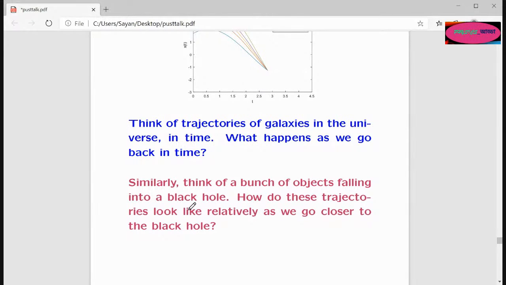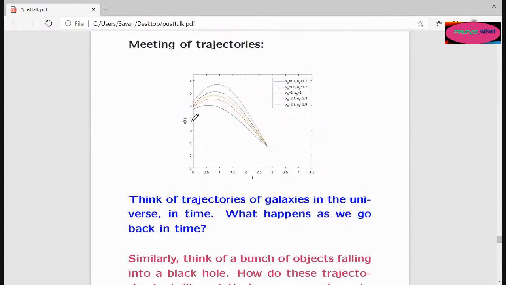Now, how do the trajectories of these objects falling into a black hole look relative to each other as we go closer to the black hole? They will come closer to each other. When you go backwards in time, the trajectories of galaxies, for instance, are going to come closer to each other and hit each other at the Big Bang.